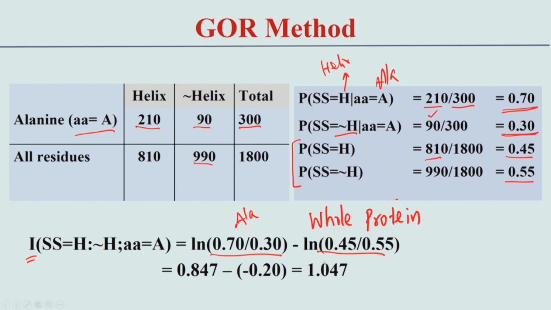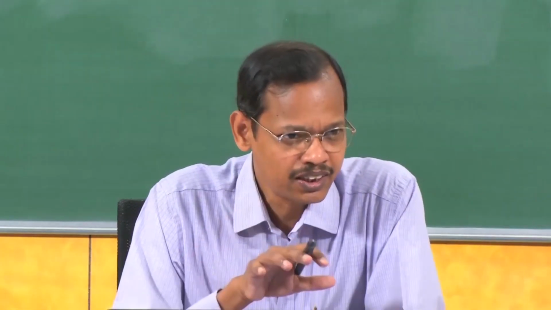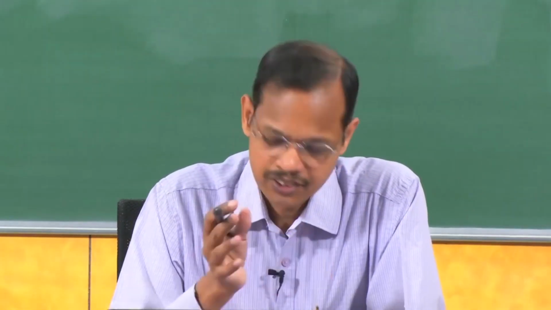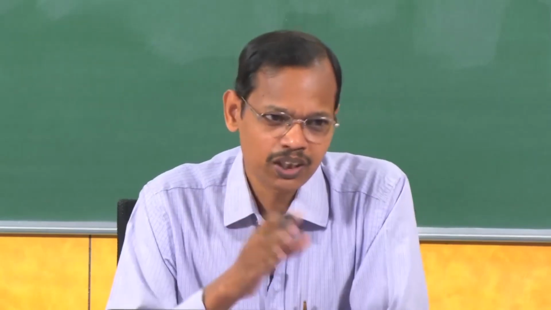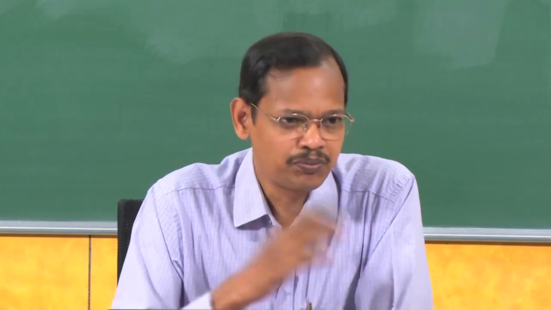If you subtract, then finally we get the value of 1.047. From this number we can say whether this alanine prefers to be in helix or not. Yes. If the value is more than 0, then it prefers to be in helix. If it is less than 0, it is not preferred in helix.